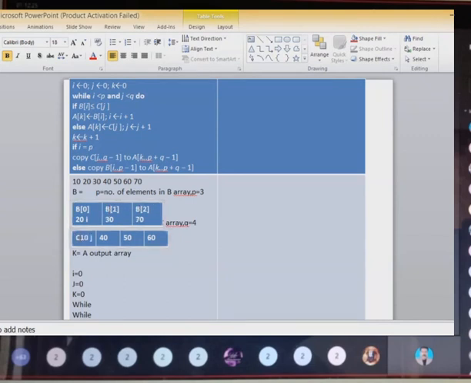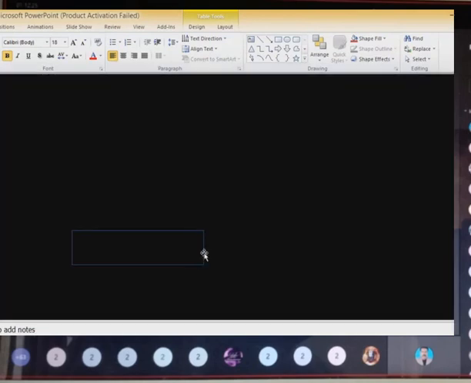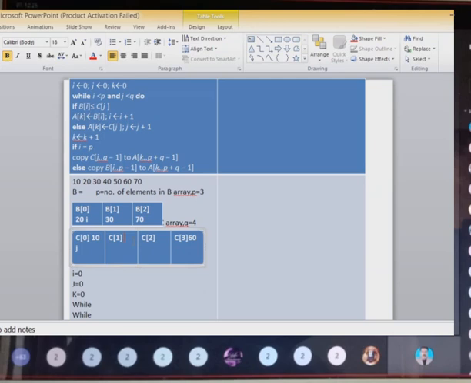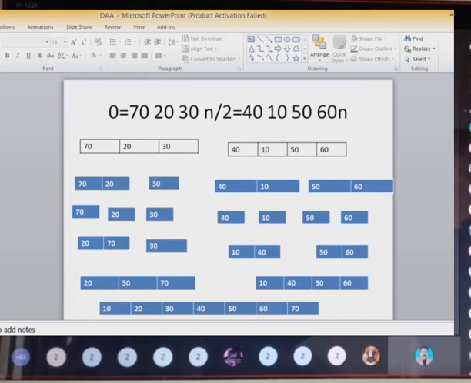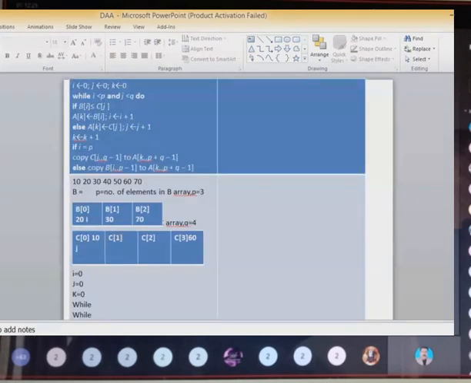Next, this is C array. So C of 0, C of 1, three. Now, 10, 40, 50, 60.